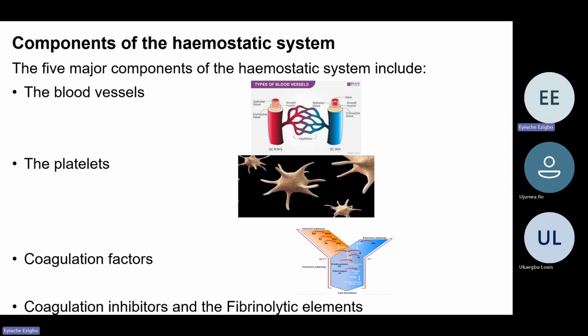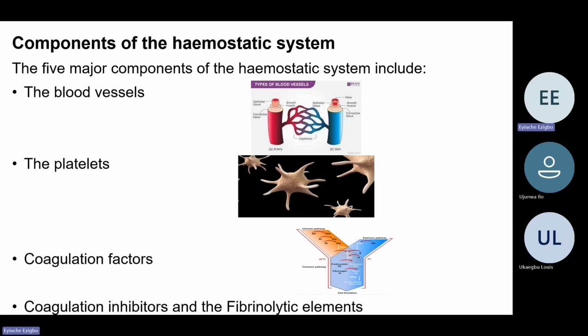Then the hemostatic system has components. The 5 major components of the hemostatic system include the blood vessels, the platelets, the coagulation factors, coagulation inhibitors, and the fibrinolytic elements. Okay.